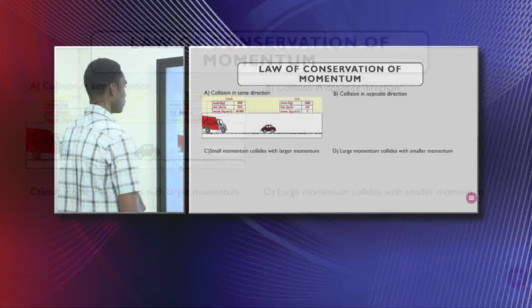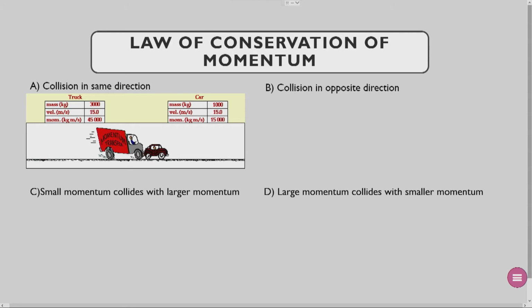Here, we are looking at collision in the same direction, where a large momentum, represented by the truck, collides with a smaller object. Notice that conservation of momentum says that momentum before collision is equal to momentum after the collision. The truck had a total momentum of 60,000 kilograms meters per second, whereas the car's momentum is 0 because it is stationary.